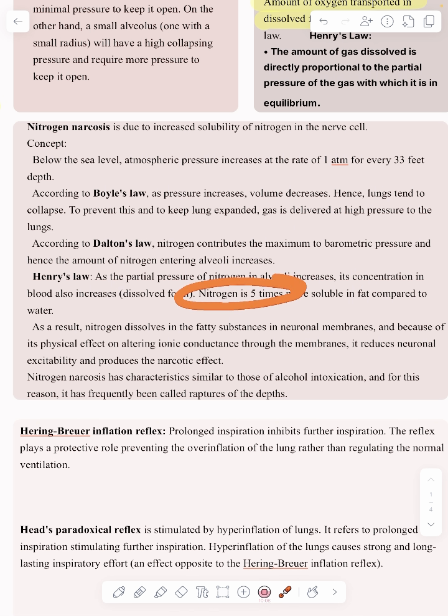Nitrogen is 5 times more soluble in fat compared to water. As a result, nitrogen dissolves in fatty substances in neuronal membranes, and because of its physical effect on altering ionic conductance through the membranes, it reduces neuronal excitability and produces the narcotic effect.